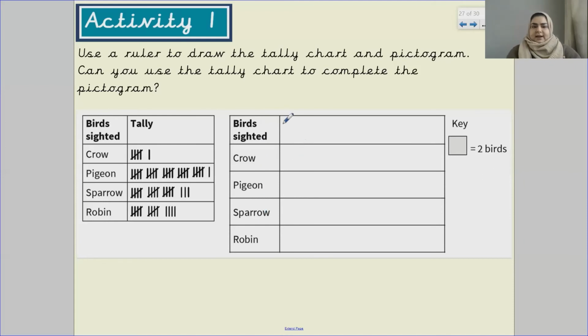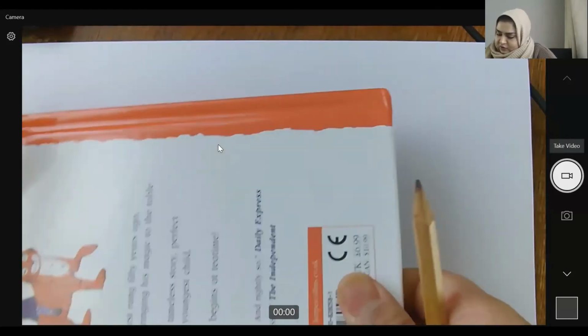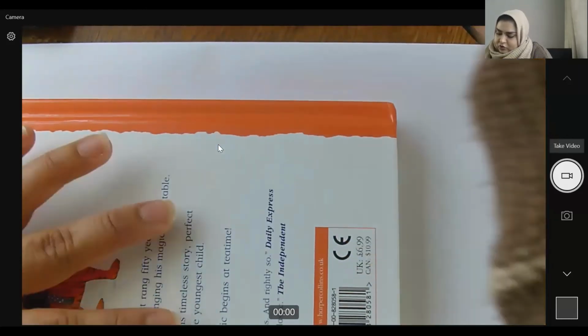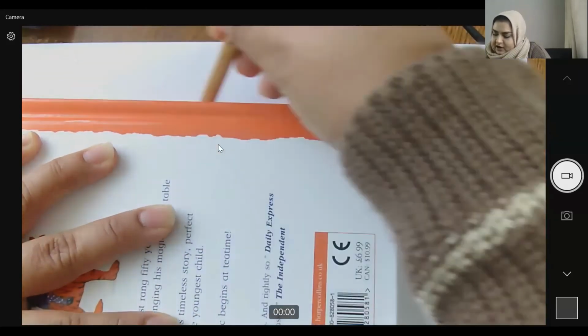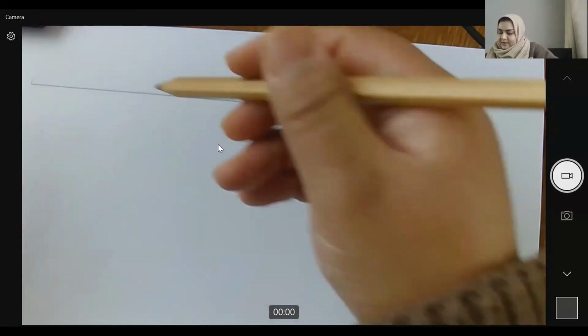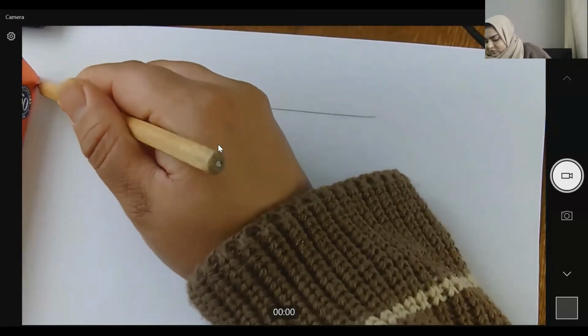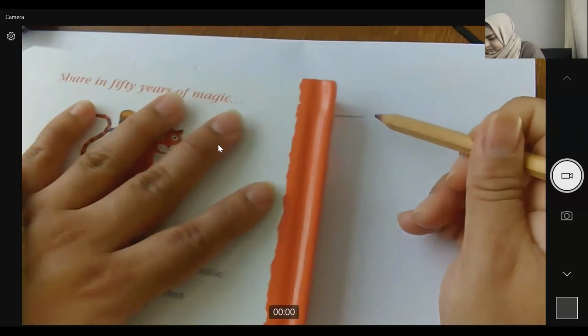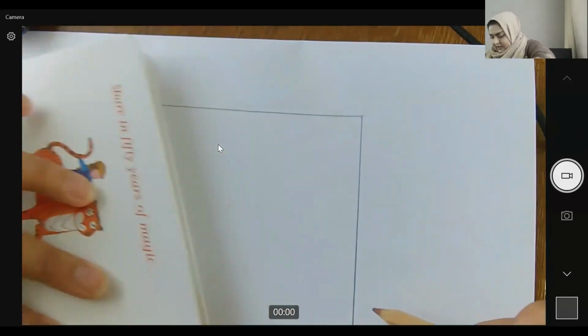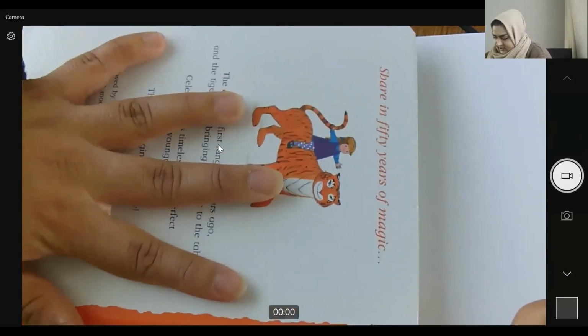Now I am going to show you how I want you to draw it, and you need to be using a ruler. So I am going to use my ruler and I am going to draw a straight line for my tally and pictogram. This is how you should be drawing it for all your pictograms and tally charts.